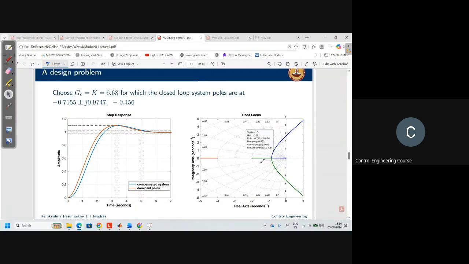So this time this is the pole location corresponding to your desired characteristics. So you are lucky that you are having your desired pole on the root locus. So simply calculate the K at this point. That's it, that is your controller.